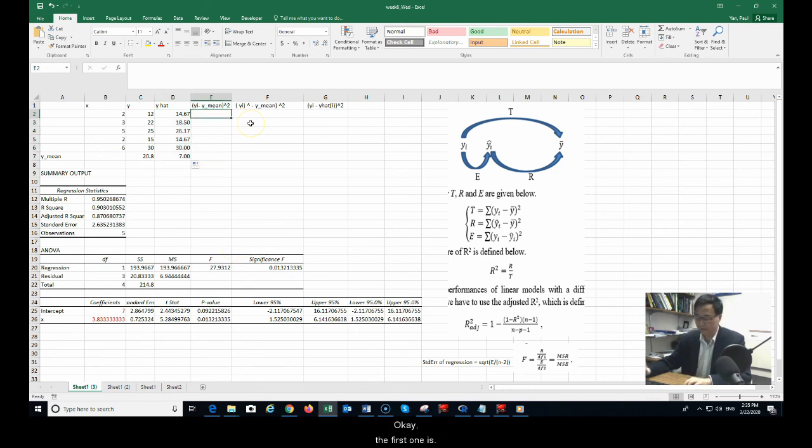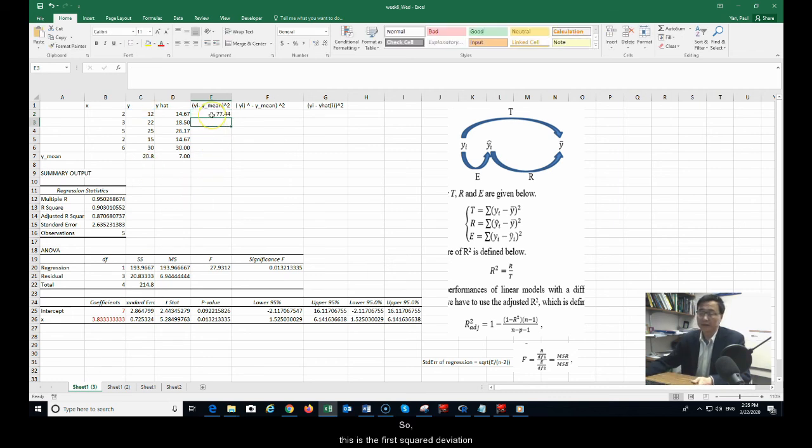Okay, the first one is equals, so this is y from its mean. So from 20.8, we hit F4 to lock the mean, then squared.